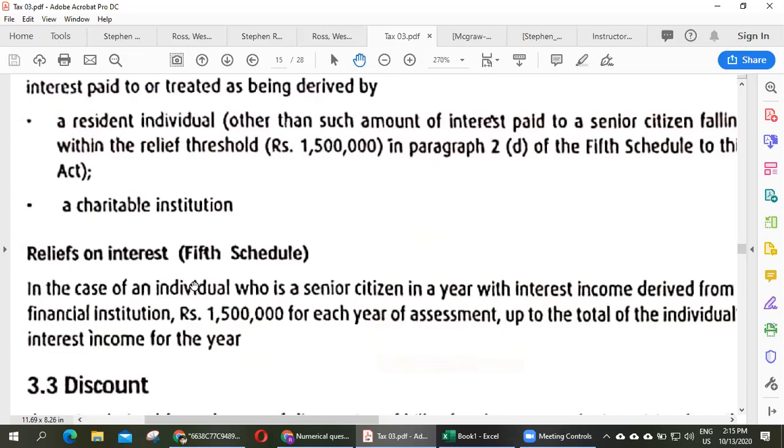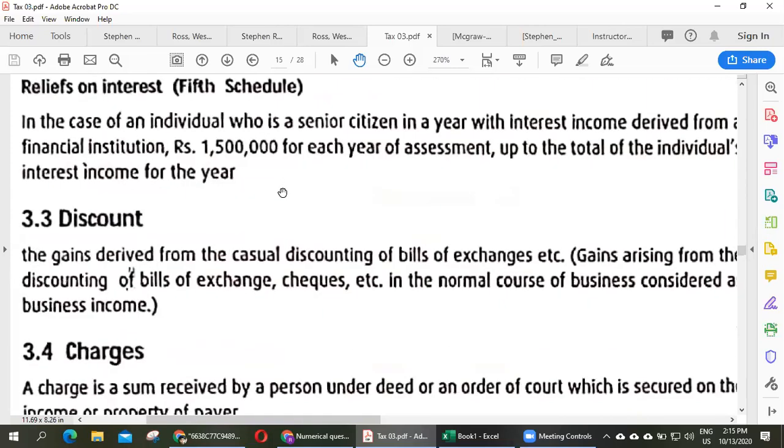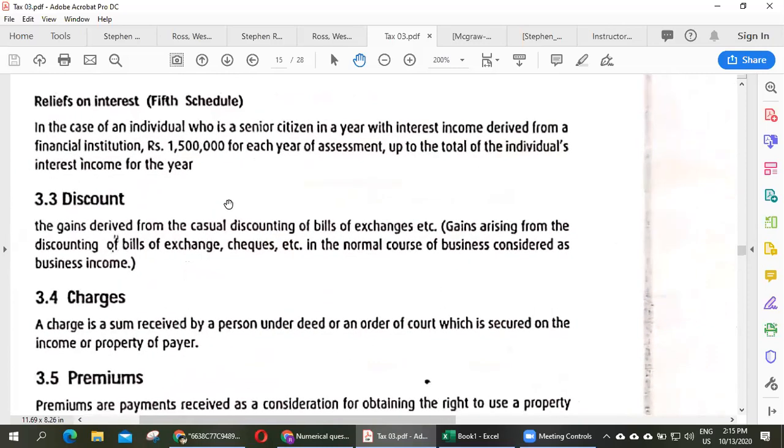And relief on interest: in the case of an individual who is a senior citizen, with interest income derived from a financial institution, 1.5 million for each year of assessment up to the total of the individual's interest income for the year. So simply, there's no tax up to 1.5 million.